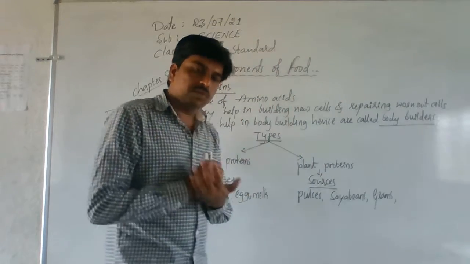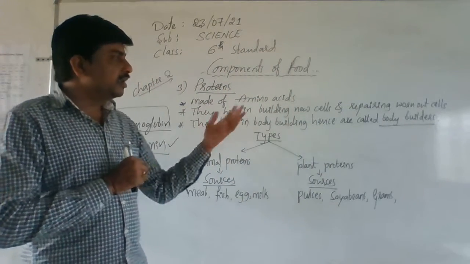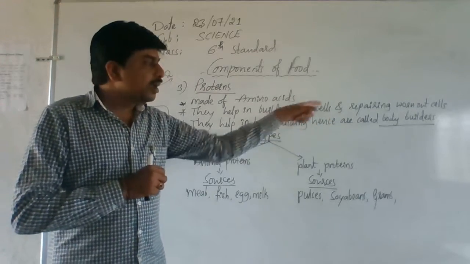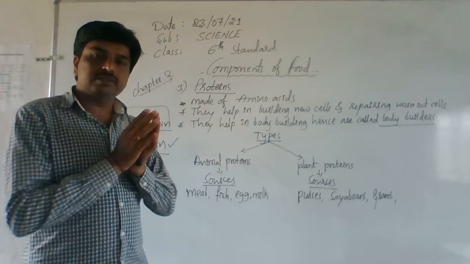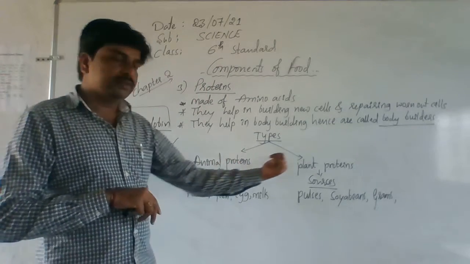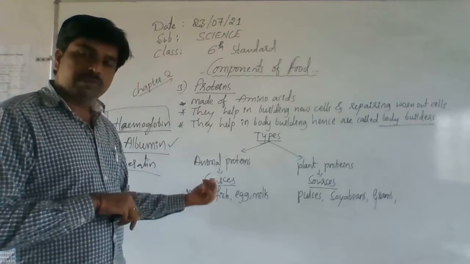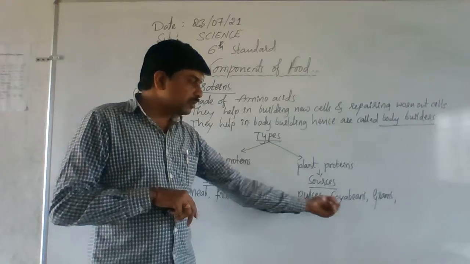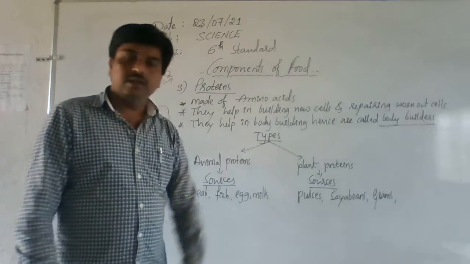The main function of protein is that it helps in the building of new cells and repairing worn out cells, and it helps in body building, hence they are called body builders. Two sources of proteins are there: animal proteins and plant proteins. Sources of animal proteins are mainly meat, fish, egg, and milk. And plant sources of proteins are pulses, soya beans, and grams.